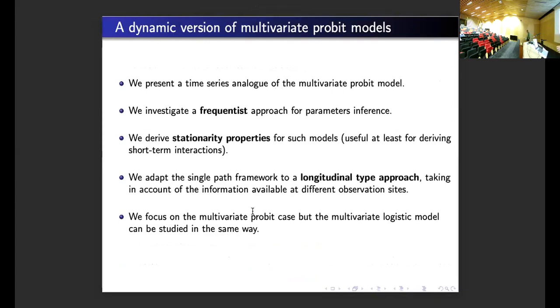So what we do in this work, we present a time series analog of the multivariate probit model. We try to investigate a frequentist approach for parameter inference, something which is not automatic, and it is not so easy to find some stationarity properties for this model. I will precise that at this point, stationarity properties are interesting mainly for deriving some limit theorems.